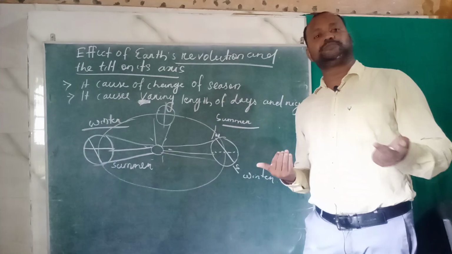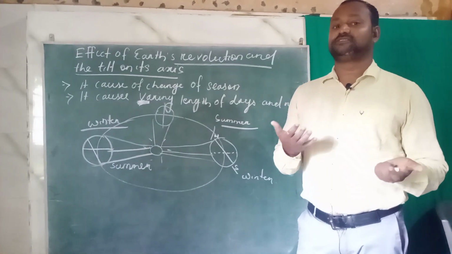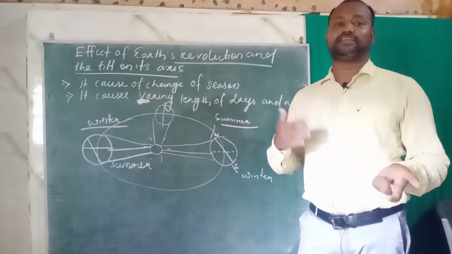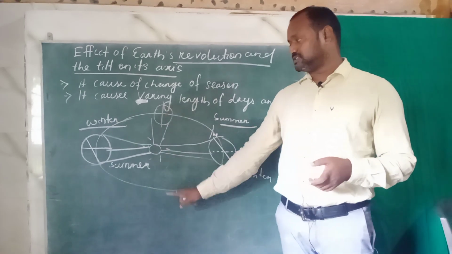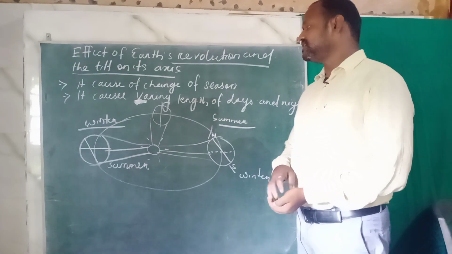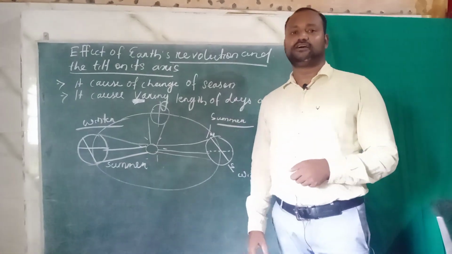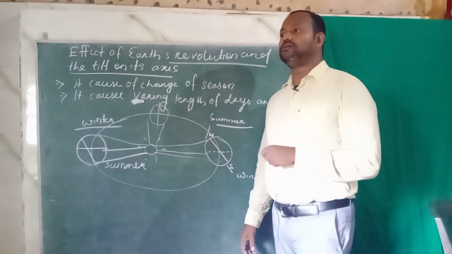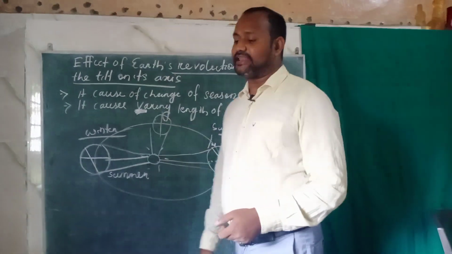If the south hemisphere is directly bent towards the direct sun rays, then it is summer in the south hemisphere, and the vice versa occurs in the other hemisphere. And in this situation we have autumn and spring. So, students, you can see the main cause is the tilting of the Earth's axis, and another cause is the revolution of the Earth around the Sun.